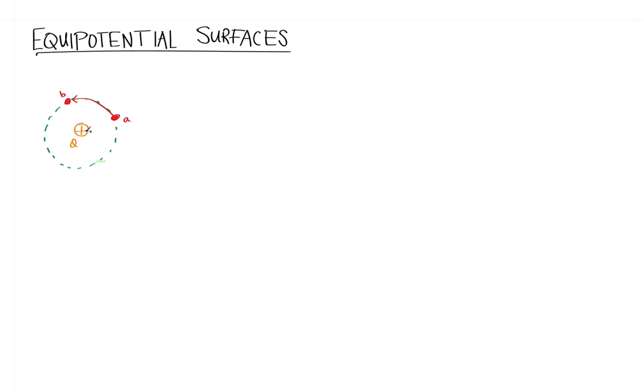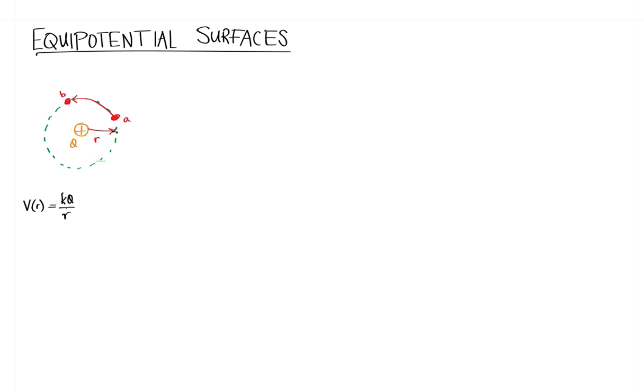So this circle is a constant radius r from the point charge. If you remember from before, the potential from the point charge we can write as V sub r is just kQ over r. Since every single point here is the same distance r away from the origin, all of these points have exactly the same potential.